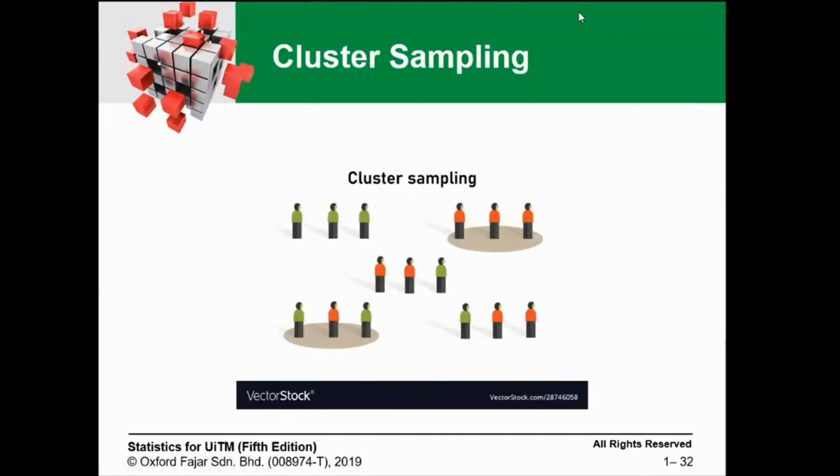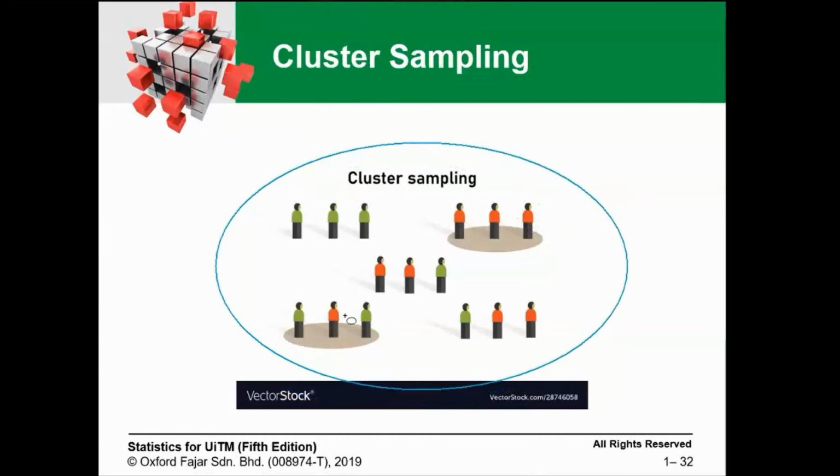You remember the previous two ways of the data sampling, the random sampling and the systematic sampling. Our population was homogeneous, which means all the items have the same characteristics.